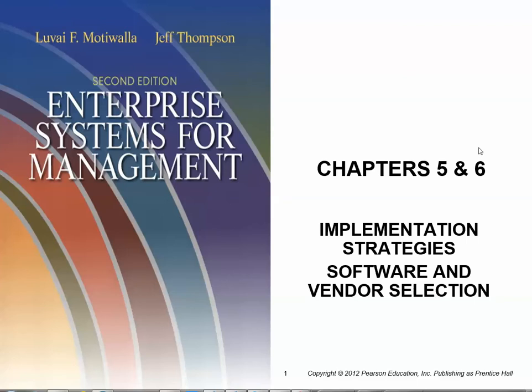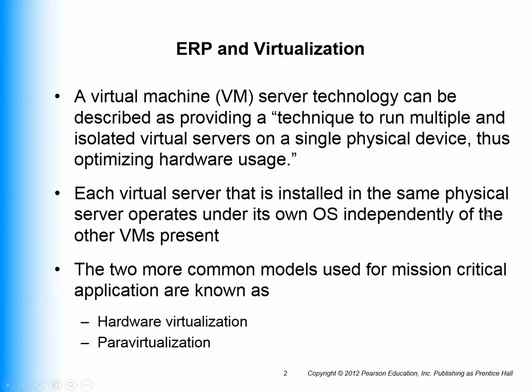For example, in Chapter 5, one implementation strategy that's becoming more popular is something known as virtualization. This is where you use a virtual machine in a very large server to serve a number of different applications.